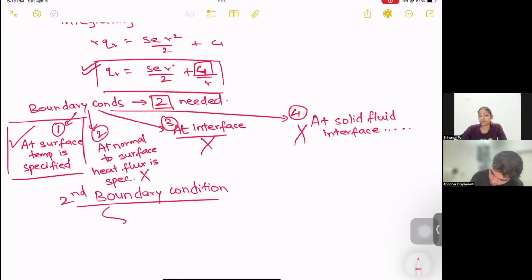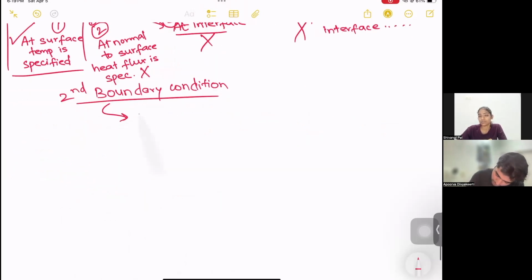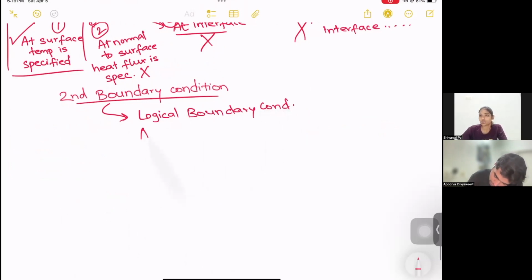Here the second boundary condition that will be applicable will be the logical boundary condition. What is the logical boundary condition? It says at any r, your flux, that is QR, can never be infinite, right?